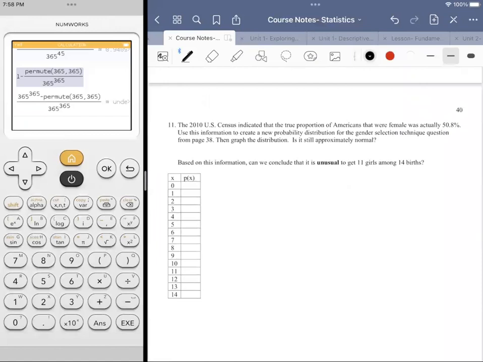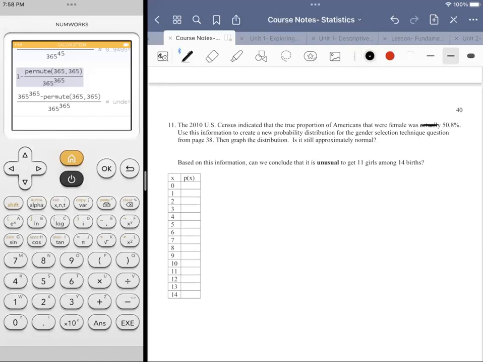The 2010 U.S. Census indicated that the true proportion of Americans that were female was 50.8%. I'll take it as a typo. We can get rid of the word actually, because I got this from a textbook and it was referring to another problem.